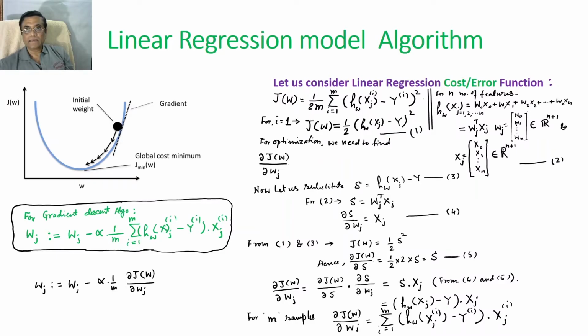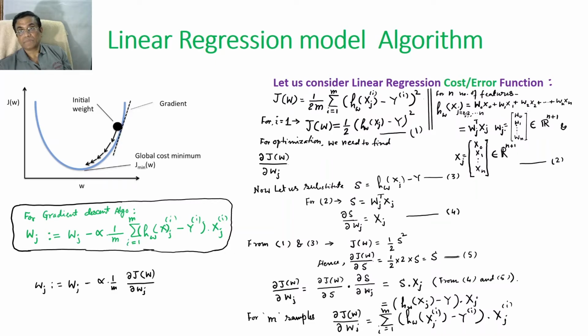This is x suffix j, where j equals 1, 2, 3 means every feature. These are actually features x0, x1, x2. So this is my predictor, which can be written as w0 x0 plus w1 x1 plus w2 x2, with j going 0, 1, 2, 3 up to n.